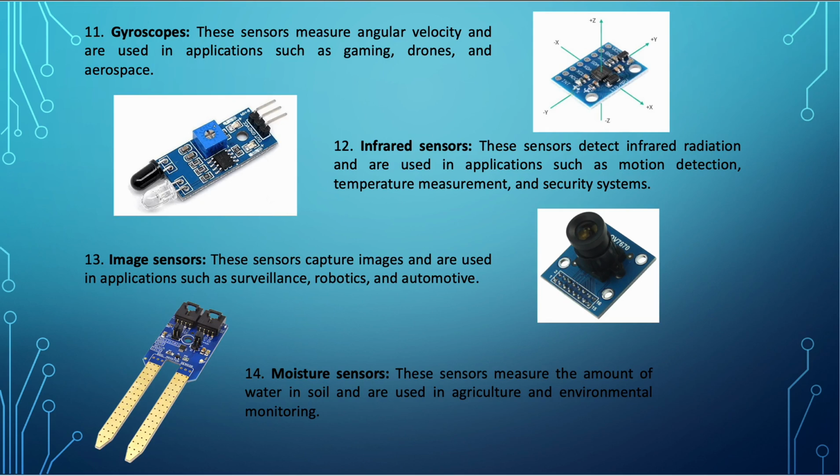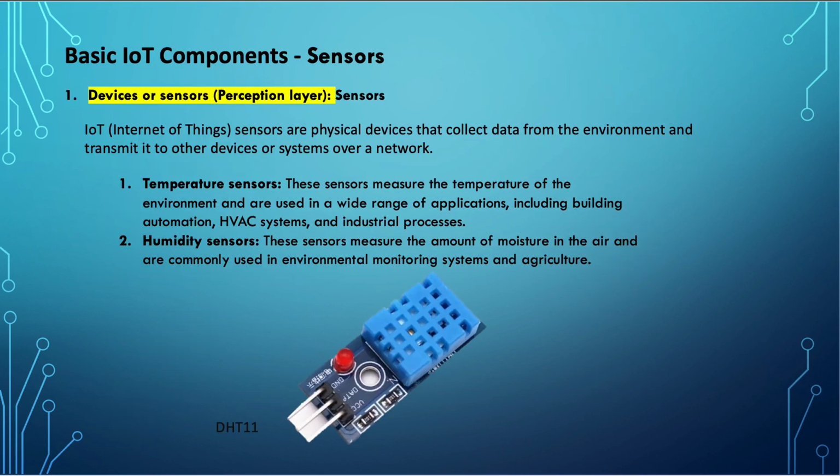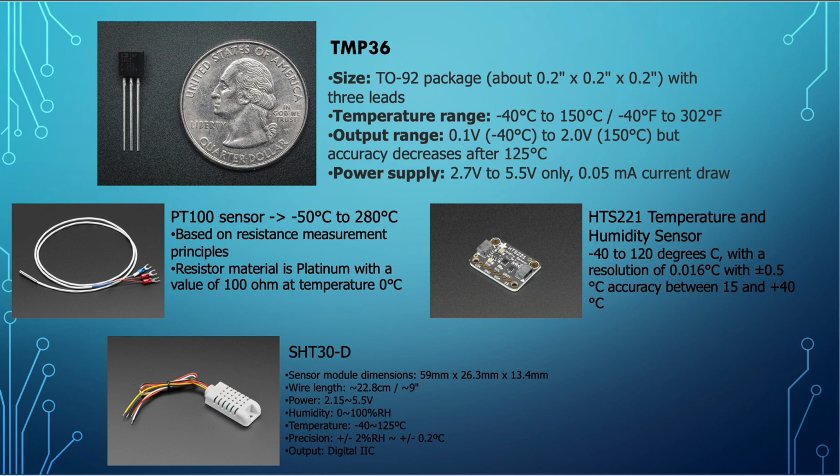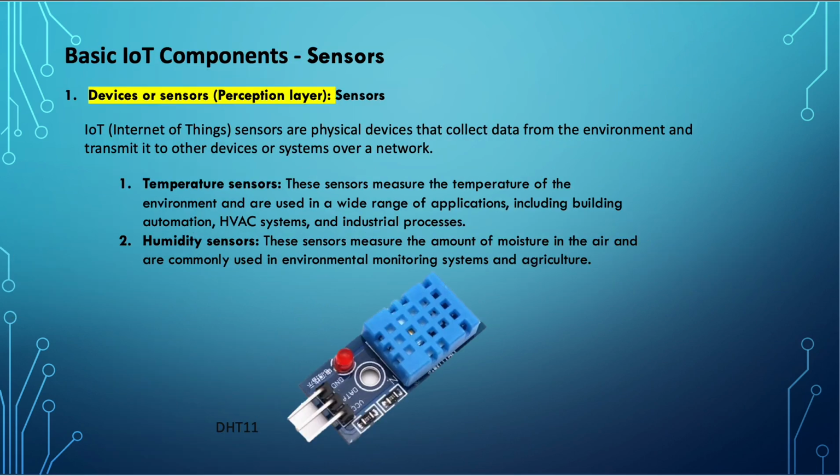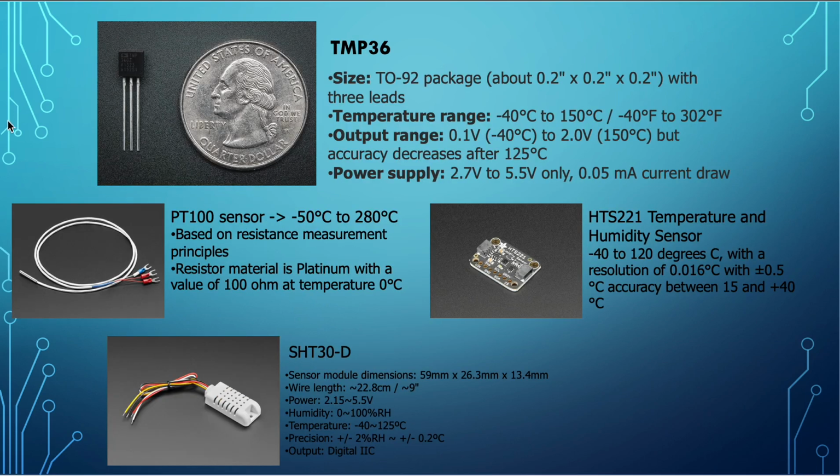There are more sensors out there, and when designing an IoT project to achieve our goals, we should know what sensor we should use. We talked about how there are different kinds of products to detect the same environmental property. So depending on the product or depending on what we want, we have to choose the product as well.